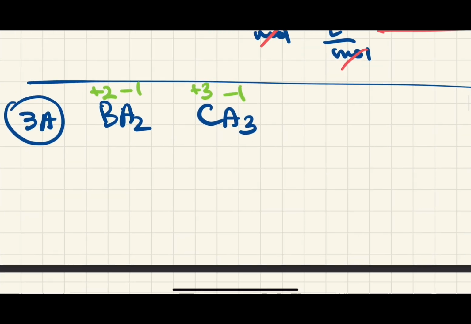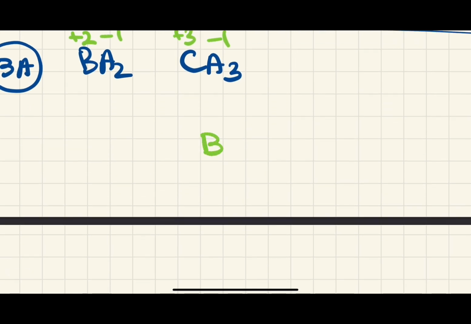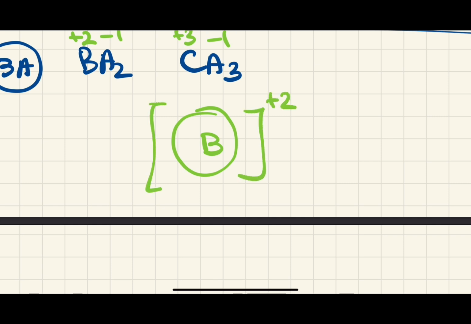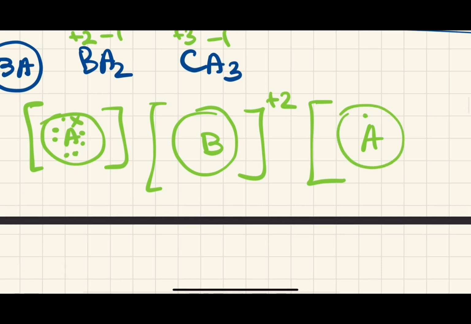Like the same as valency, but this time we have positive and negative. So meaning B lost both of its electrons. It became +2, and then A was here. It was like 1, 2, 3, 4, 5, 6, 7, and then it got 1 from the B, and then another A, the same idea, 1, 2, 3, 4, 5, 6, 7, and then 1 from the B, and this is -1, this is -1.